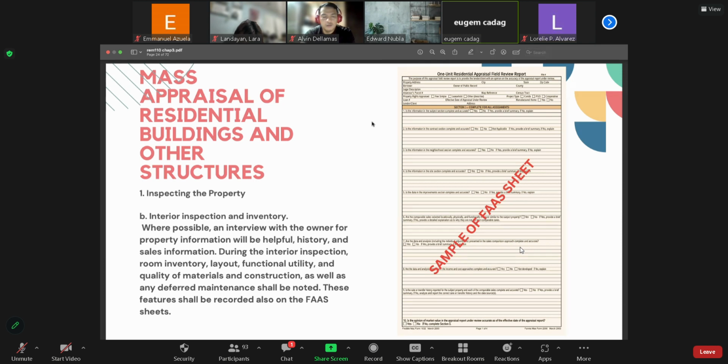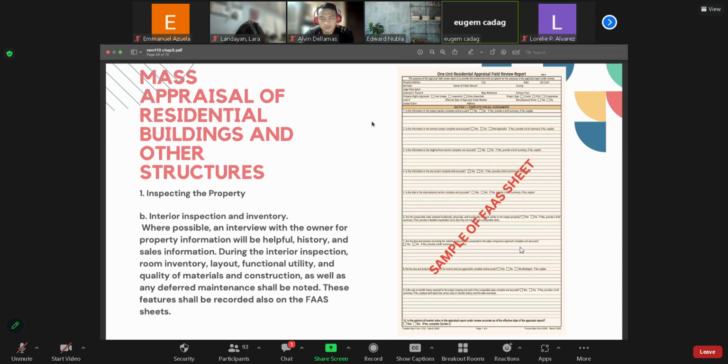These features shall be recorded also on the FAAS sheets. FAAS sheets po, ito po yung document required from real property owners when paying their real property tax. It is issued when there is a transfer of ownership.